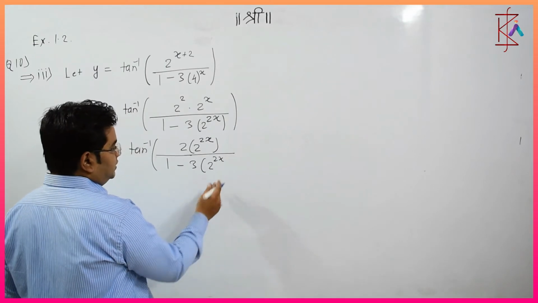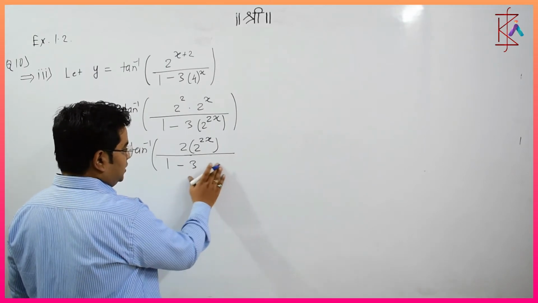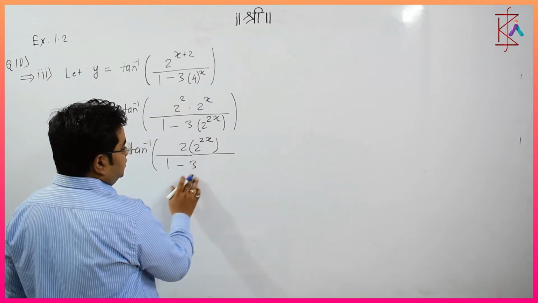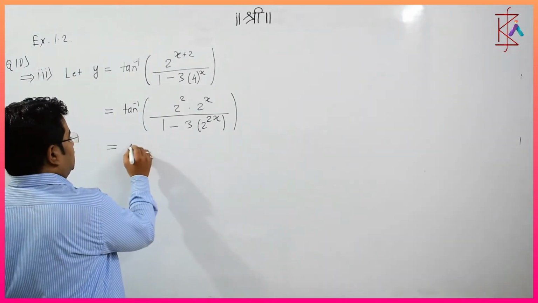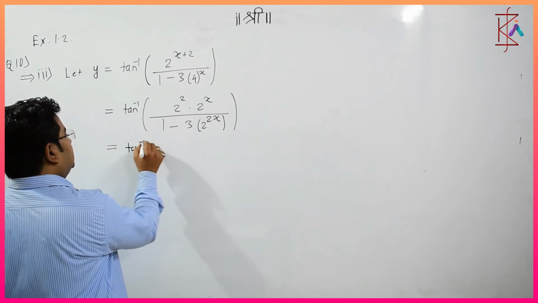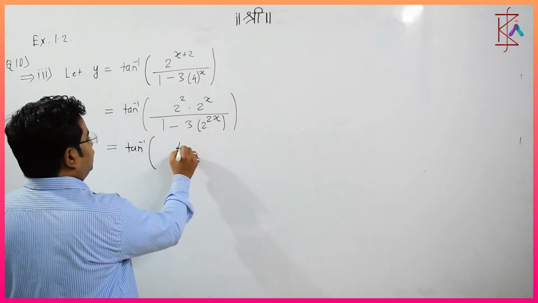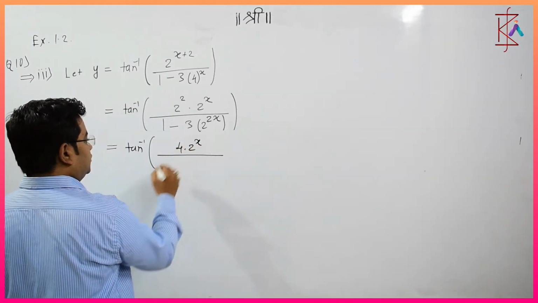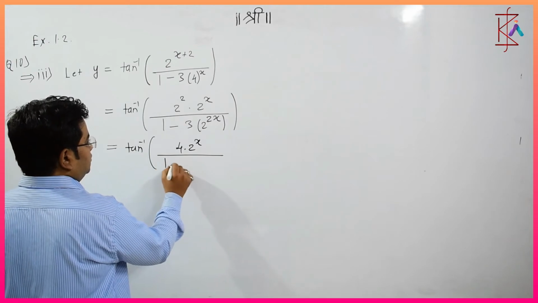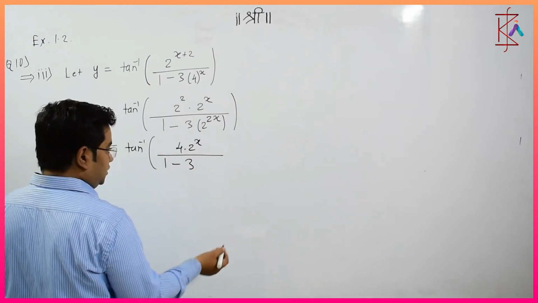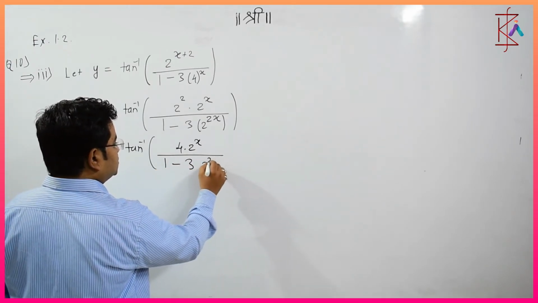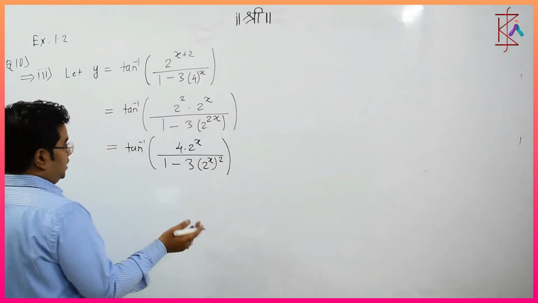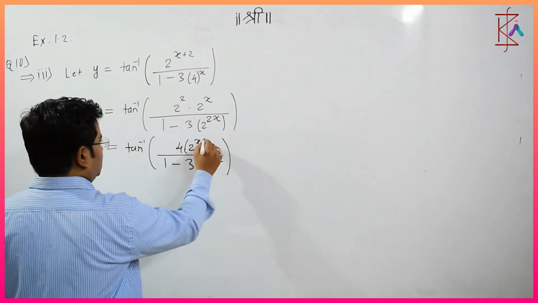I would like to write it differently. Now here we go: tan inverse of 4 into 2 raised to x divided by 1 minus the square of 3 into 2 raised to x. Hope we are about to arrive at what we required.